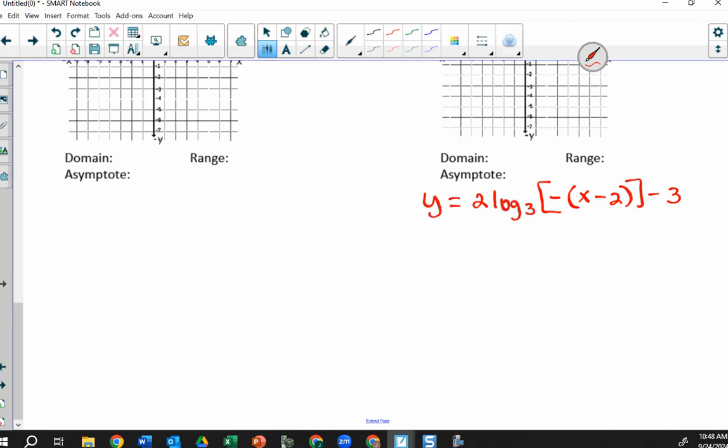Yeah, leading coefficients impact the y value. Do this first, then you shift. Multiply before you add or subtract.